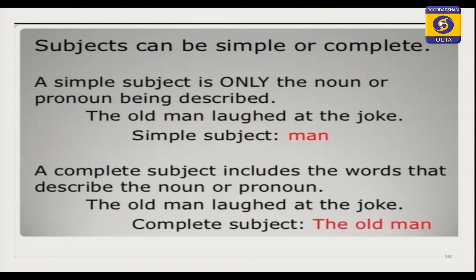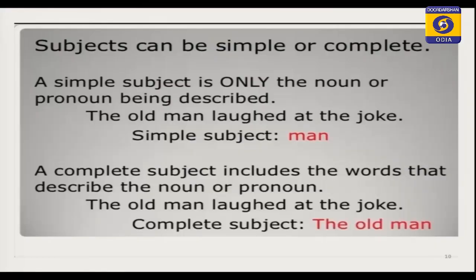But if somebody asks you to divide the sentence into 2 parts, how can you divide? You have to put all the words that come before the verb in the subject part. So, the old man, all these 3 words come before the verb, and this is the subject part. That is called the complete subject.